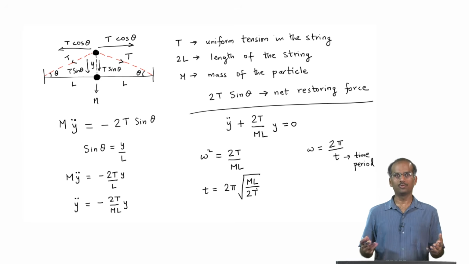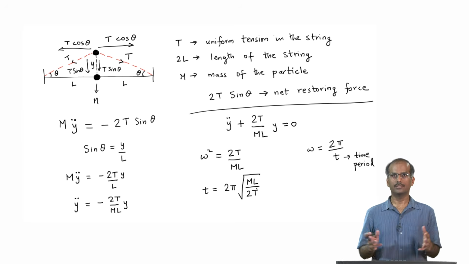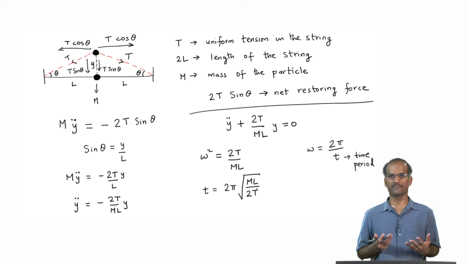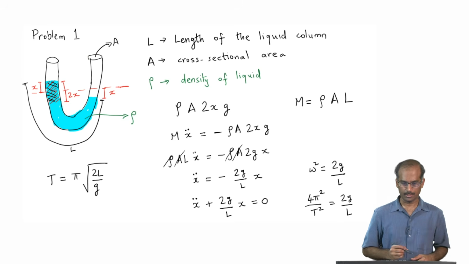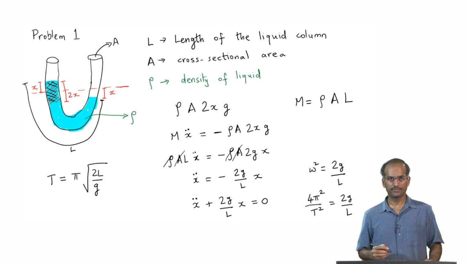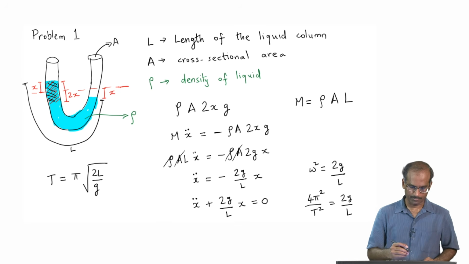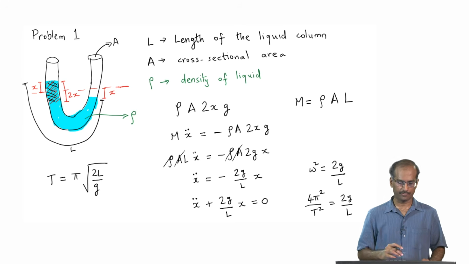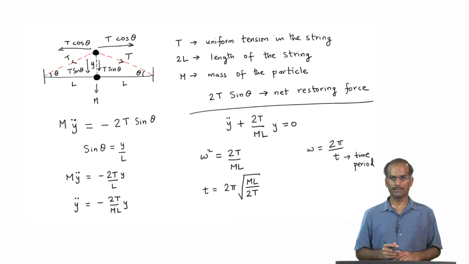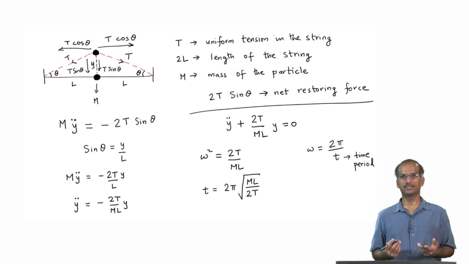So, with this we have done two problems where we computed the time period of the system. If you look at the algorithm that we have been following, you need to identify where the restoring force is coming from. In the case of liquid in a U tube, it comes from this excess column of liquid, and in the case of mass tied through a string to two rigid supports, it comes from the tension in the string.